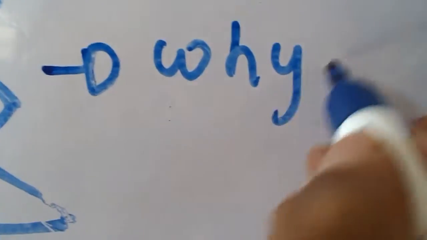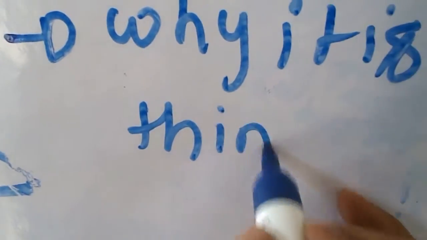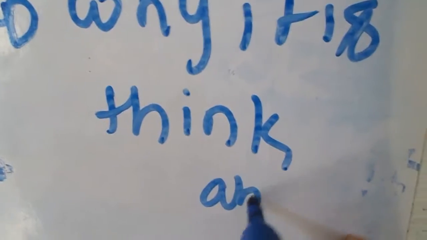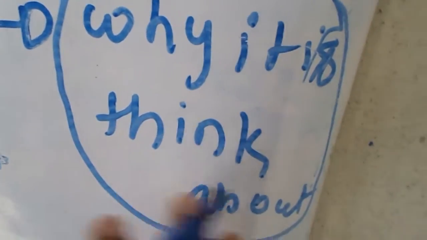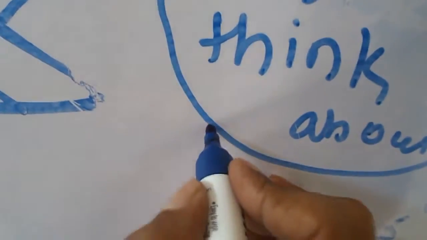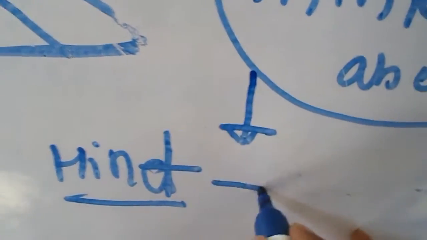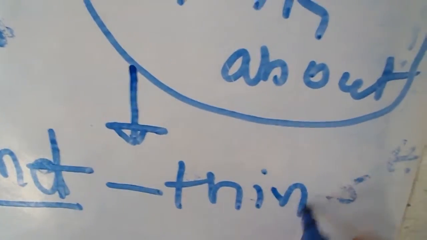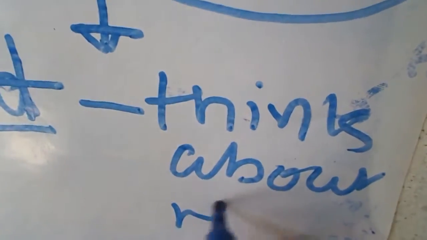Why is it so? Think about it. I am not going to explain it, because if I explain, a huge mess will be created. Think about relative motion. This is the hint.